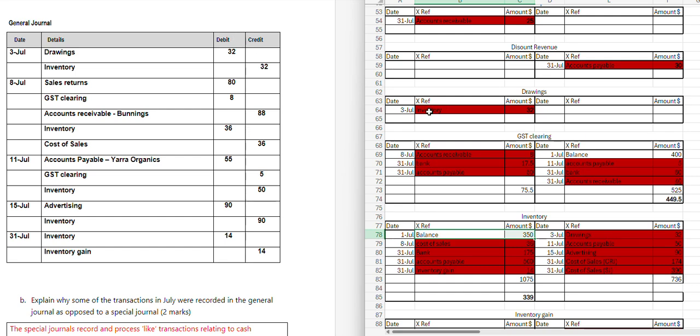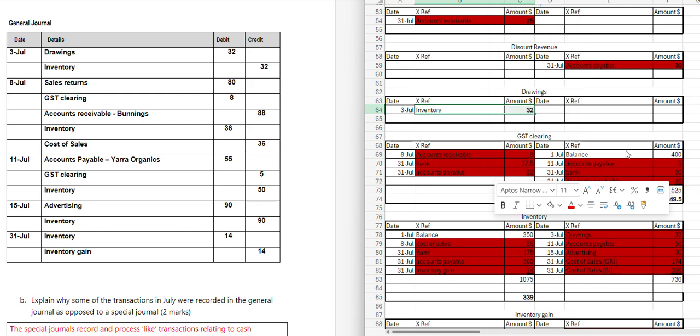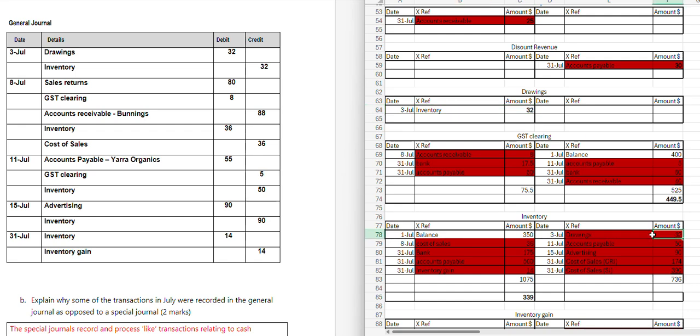So we can simply go to drawings and post a debit entry, and we're going to cross-reference that with the other account affected, which is inventory. Then we need to reduce our inventory, and we're going to cross-reference that with the other account affected, which is drawings.